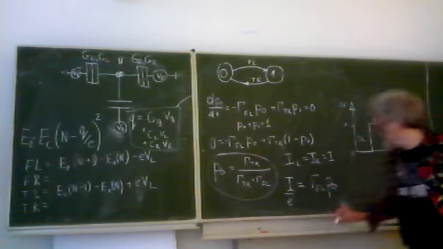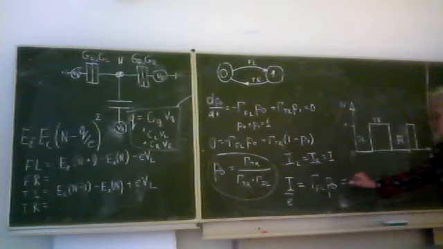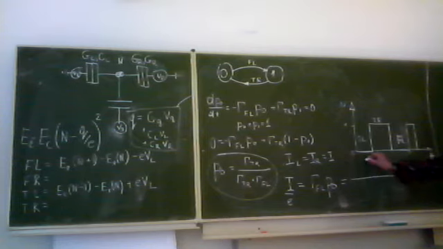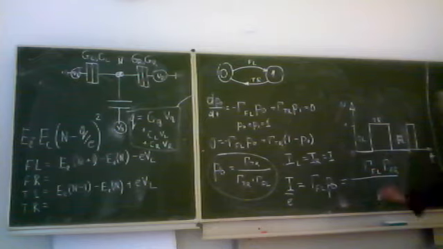Okay, so now I substitute. So I have gamma F left, gamma F right, divided by the sum of the two.